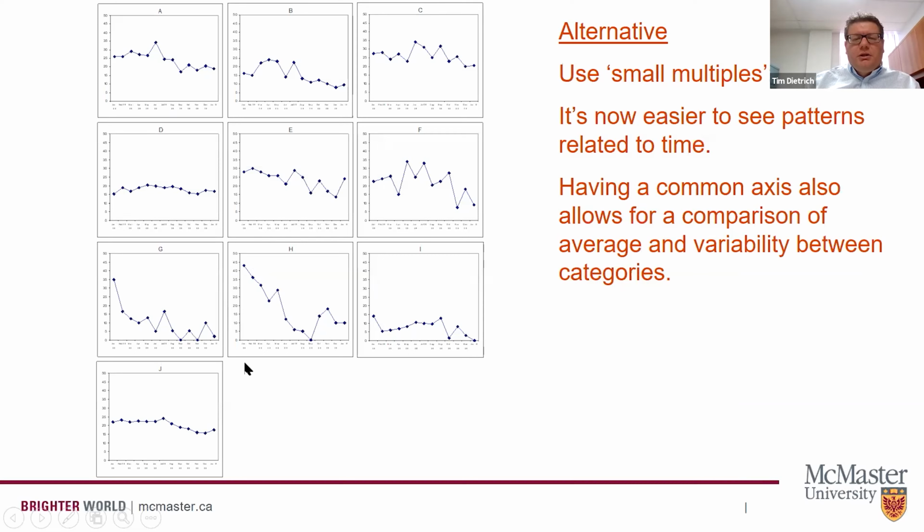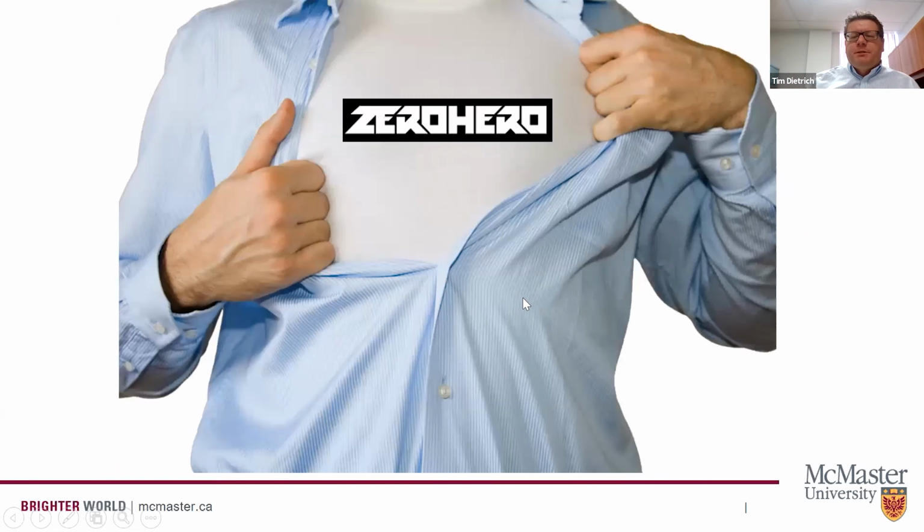If down is better, if you use the same y-axis scale, you can see on an order of magnitude which categories are performing better than others, which have less variability than others. These all generate theories, right? So we can start asking why now of these patterns that we're seeing.